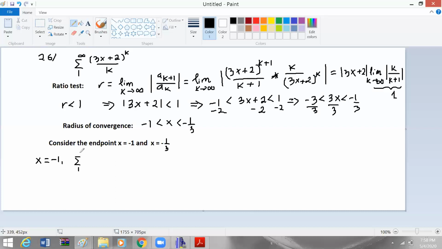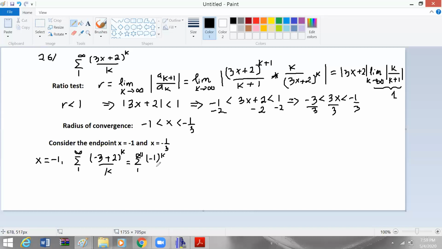From 1 to infinity, right? So I plug in x equal to -1, so we're going to get -3. And so -1 times 3 is -3 plus 2 over k. So -3 plus 2 is -1, so we know this is -1 to the k over k.